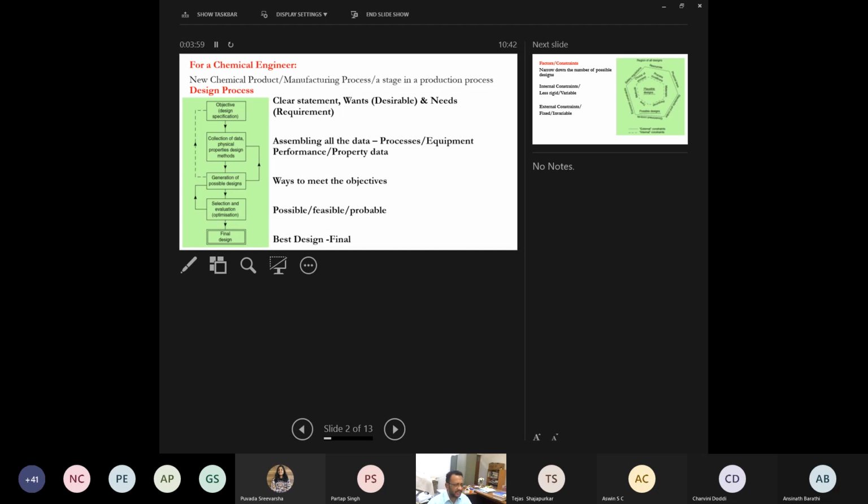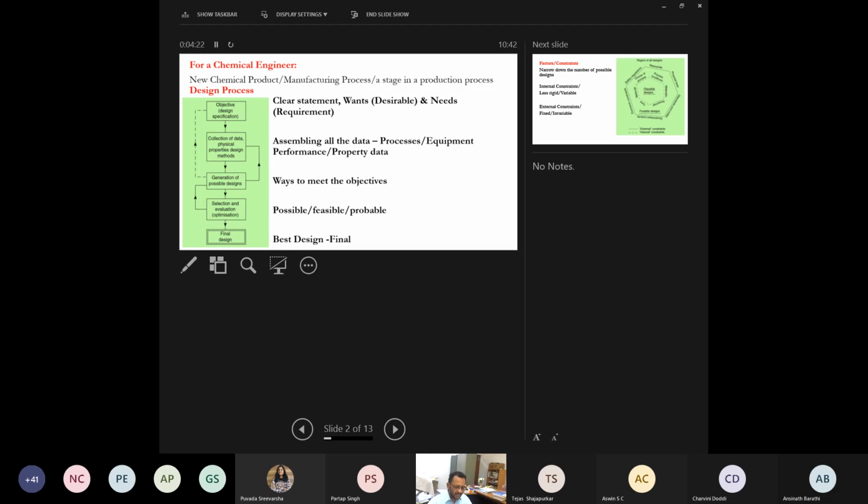Then, as I said, for the manufacturing process, we have to look at what are all the methods and manufacturing processes listed out in the literature, and we have to analyze them to get the best process design.